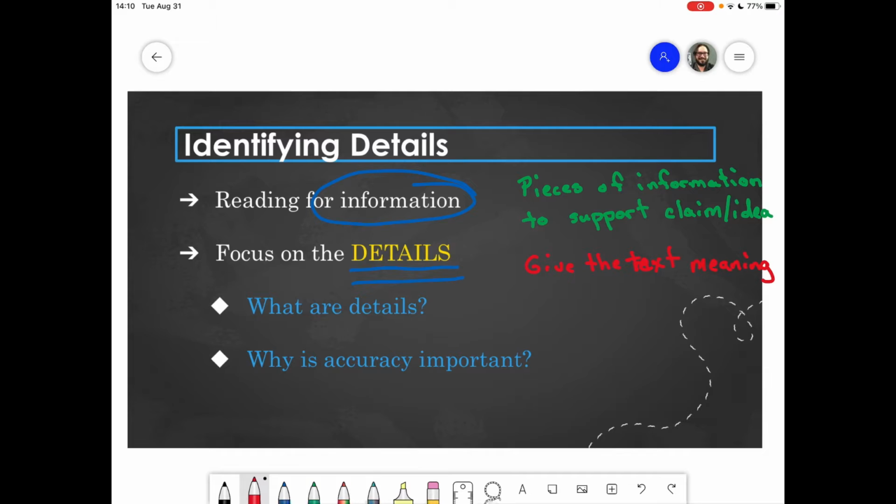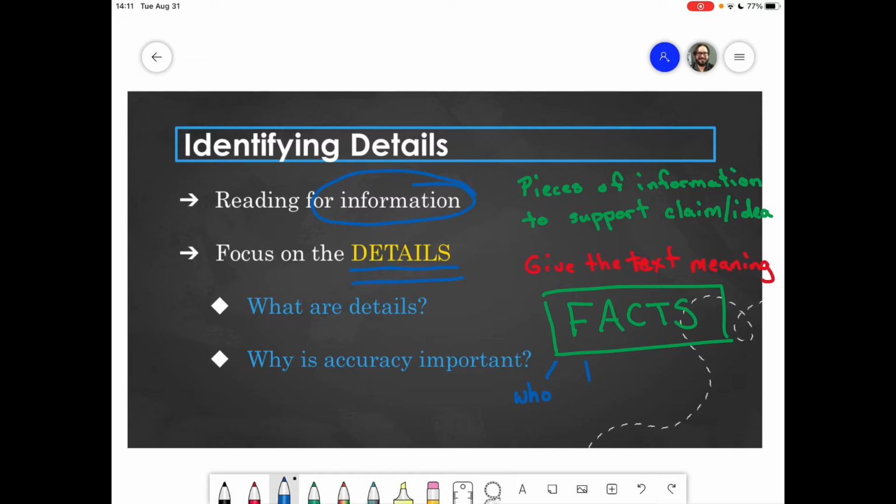Another way to think of it is that details are facts. So when we are looking through a passage, reading for information, we are looking specifically for facts. And these facts are going to answer the 5 W's.